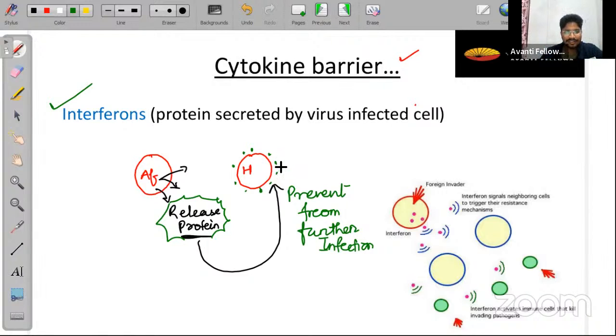Is that clear to everybody? If this is clear to you, click on the yes option. Take a screenshot, then I'll go to the next slide.